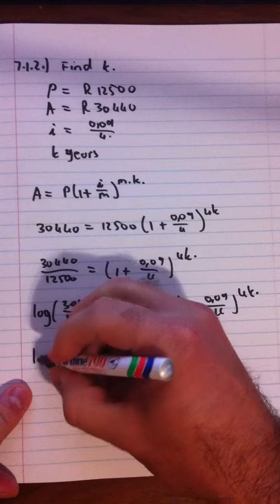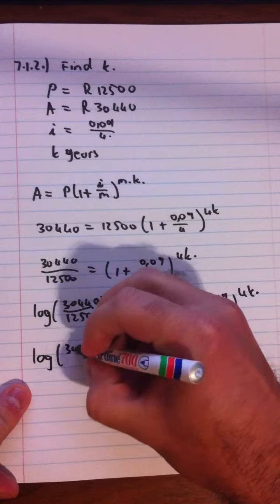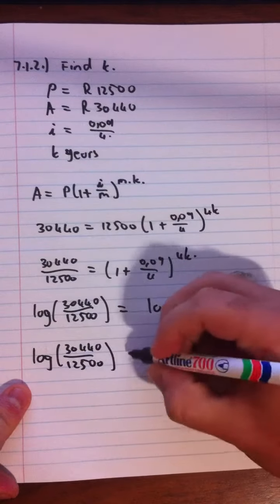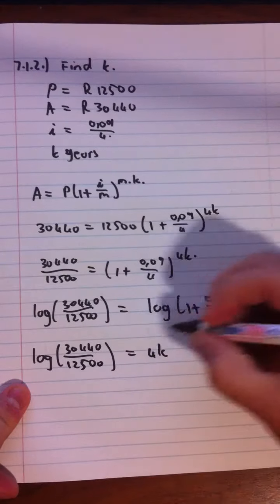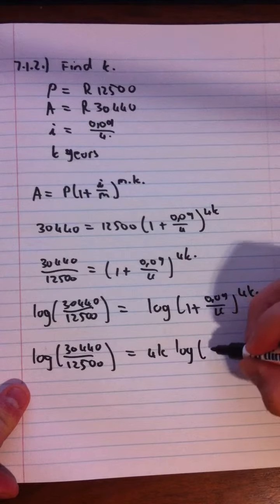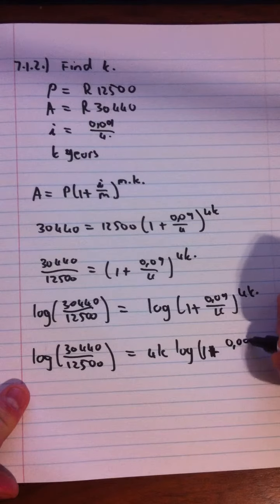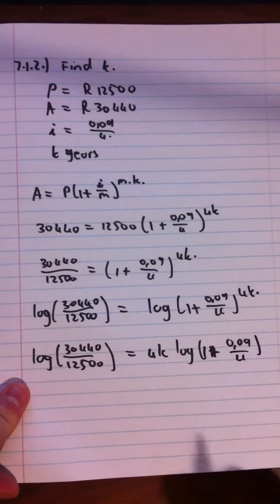So let's do that. We've got log 30,440 over 12,500 equals 4k, which we move to the front here, times log of 1 plus 0.09 over 4.